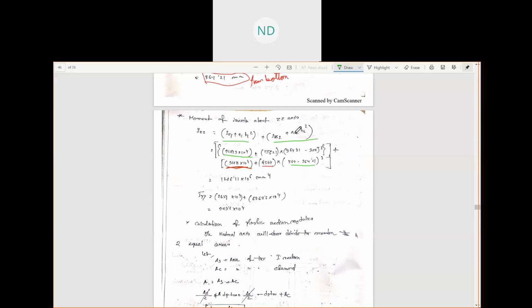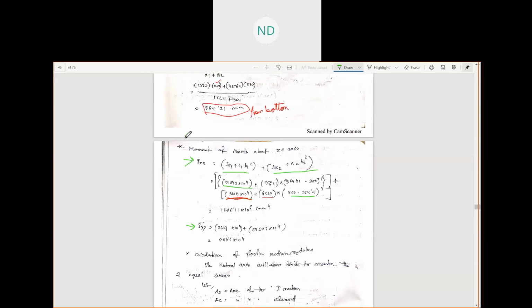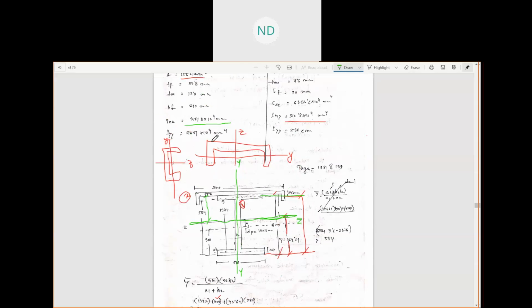Next, now Iy. We have Iyy. Izz is the moment of inertia about the z-axis. Iyy is already mentioned to us. So Izz is along our y-axis, this one, Izz. So Izz is this side.